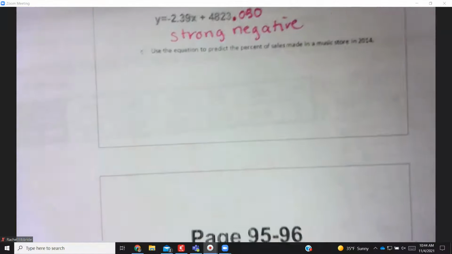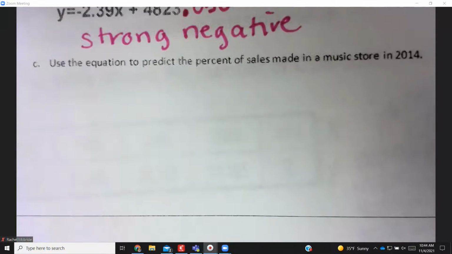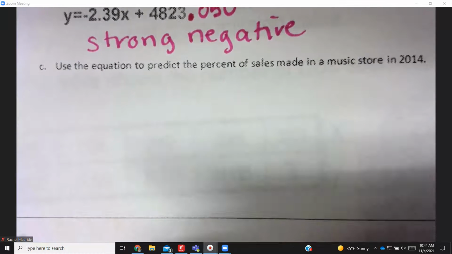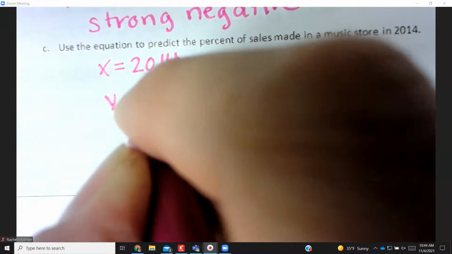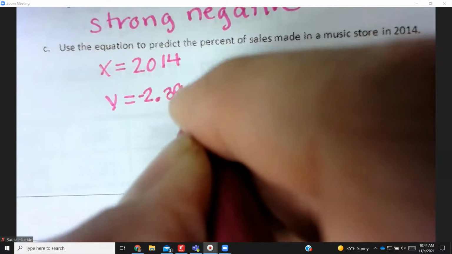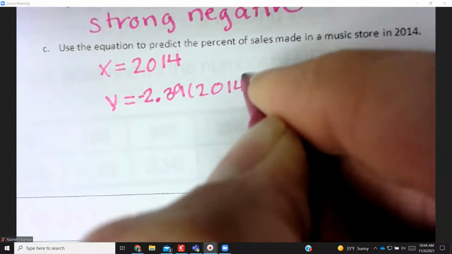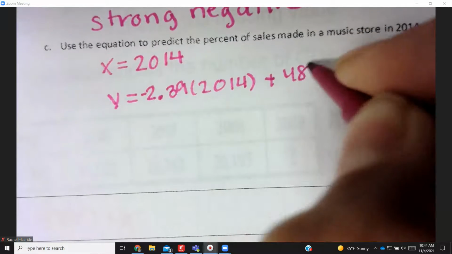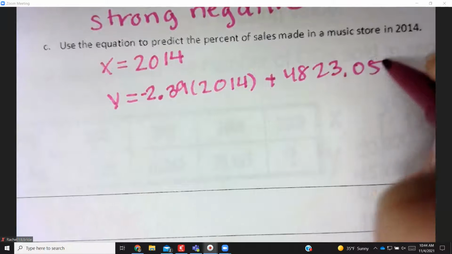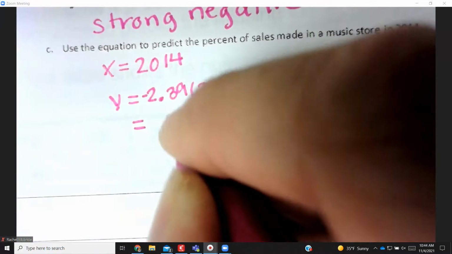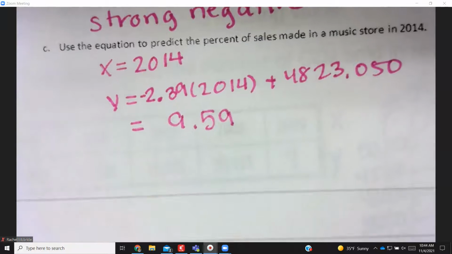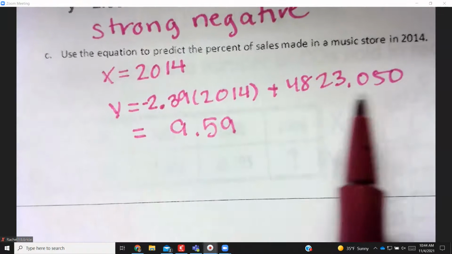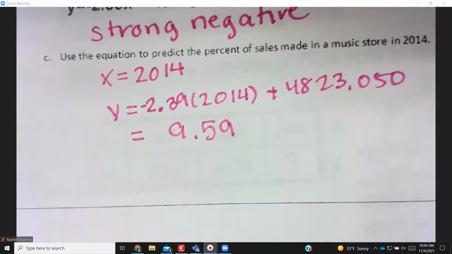So what that means for part C is that when x equals 2014, y equals negative 2.39 times 2014 plus 4823.050 equals 9.59. So instead of making you type all that out, your calculator gave it to you.